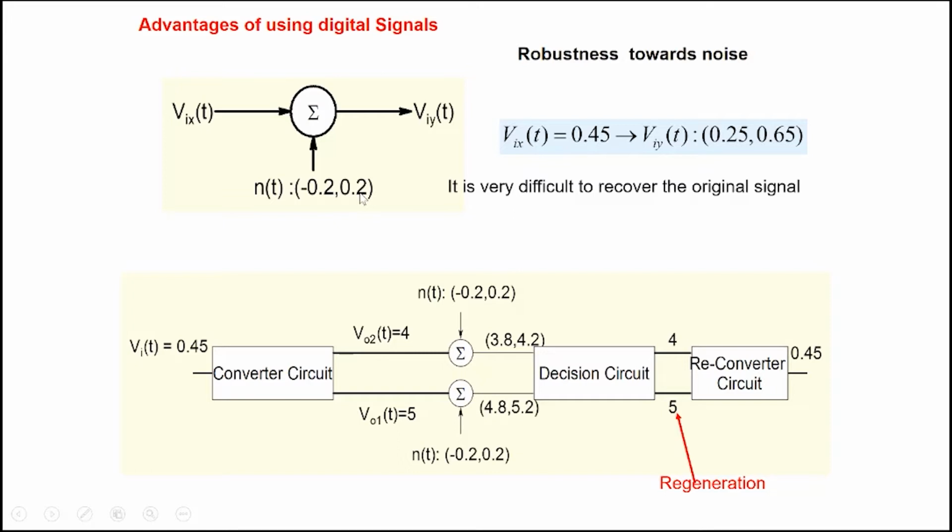We have no way of now recovering what the original analog value is. Was it 4 volt? Was it 4.1? What was it? We have no way of recovering unless we use some kind of filtering to eliminate the effects of the noise. But we are not looking at the elimination of noise at present. We are saying that once an analog signal is corrupted by noise, we have no way of knowing what its original value is, while here, we can recover.